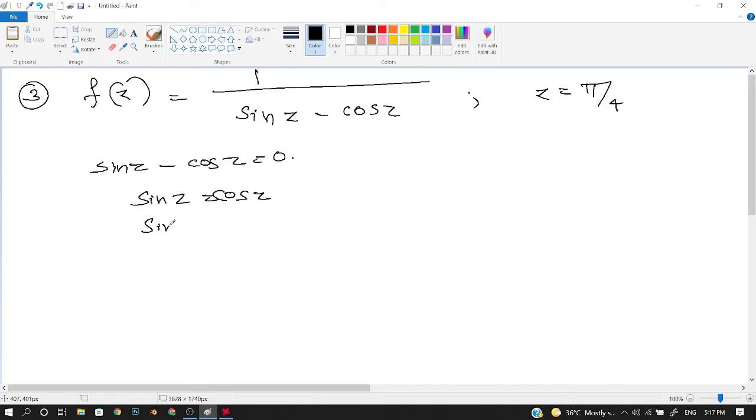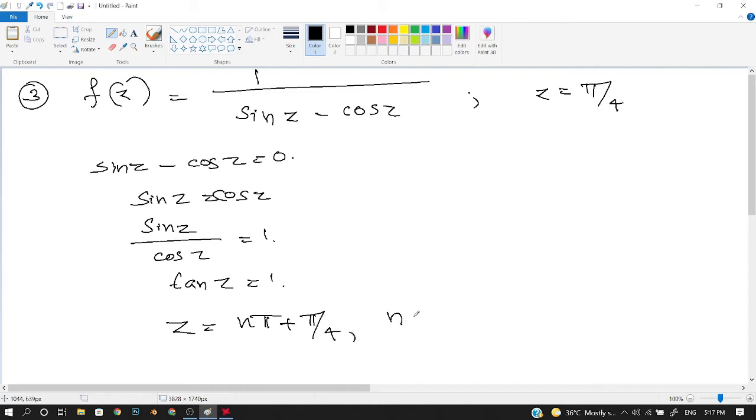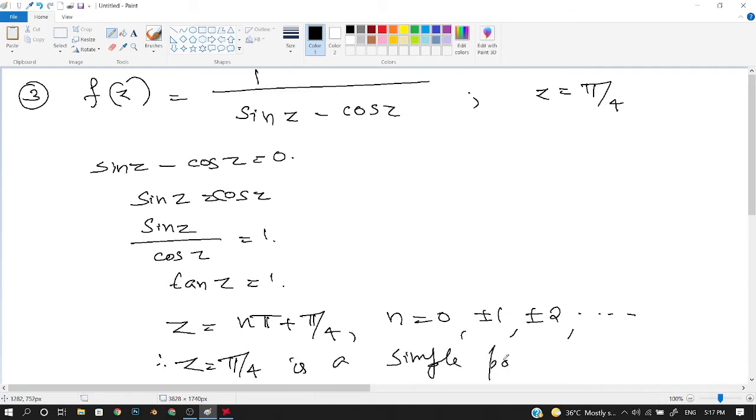That means sin z by cos z equal to 1, that means tan z is equal to 1. That means z is equal to n pi plus pi by 4, where n is equal to 0, plus or minus 1, plus or minus 2, etc. Therefore, z is equal to pi by 4 is a simple pole.